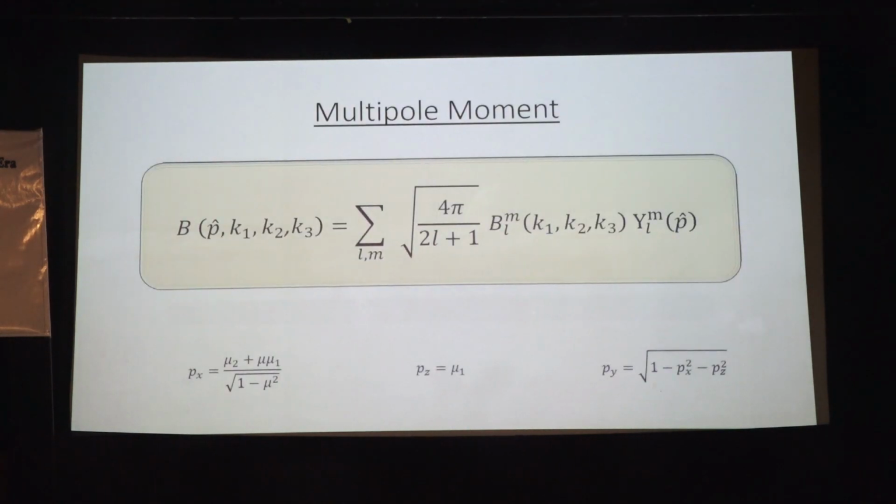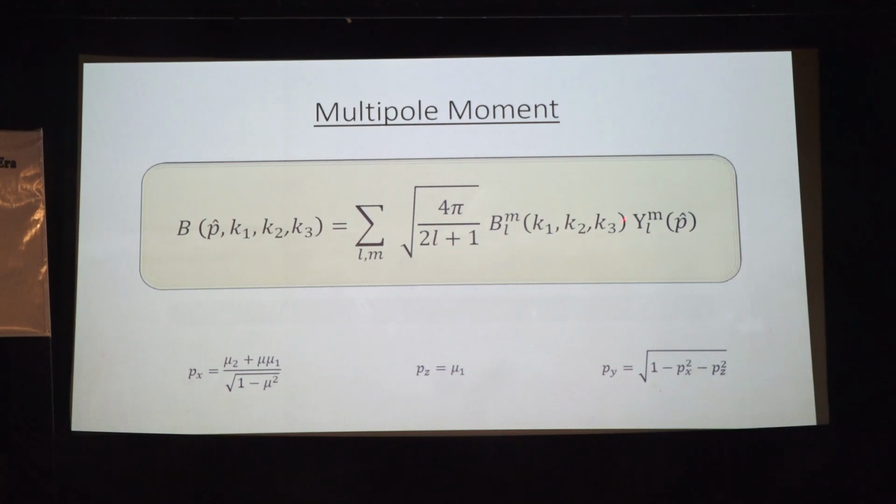Okay, so similar to the power spectrum, the effect of redshift space distortion on the bispectrum can be quantified by decomposing the redshift space bispectrum in a spherical harmonic basis. So this is the expansion of the bispectrum. Here K1, K2, K3 are the different modes, and the angle represents the orientation of the triangle.